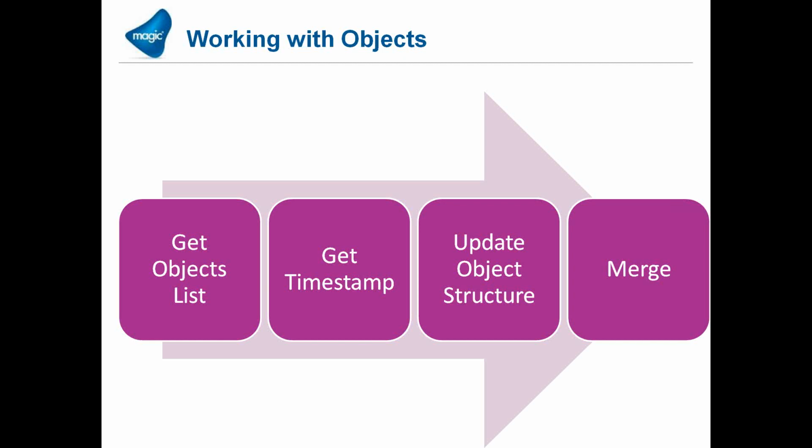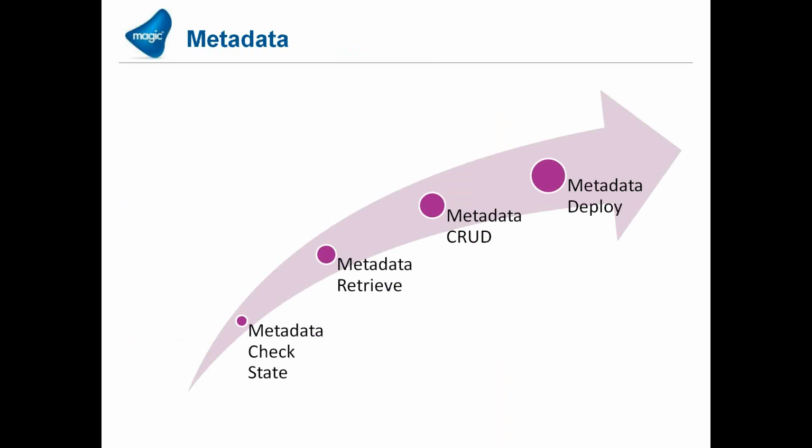So you have the ability to get the list of objects because it might be customized, it might be unique. You have the ability to get timestamp of those objects, to update the object structure, to merge objects, basically to do all of the interactions, the various CRUD functionality for creating, reading, updating, deleting, and so forth that you need in order to work with both the metadata and the data itself.